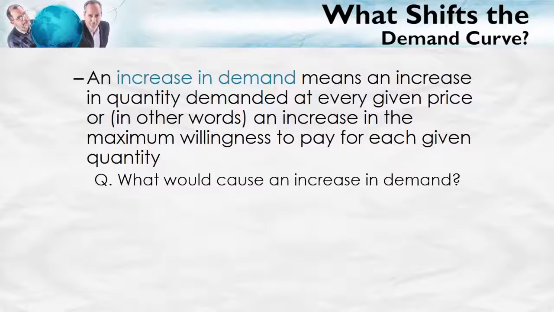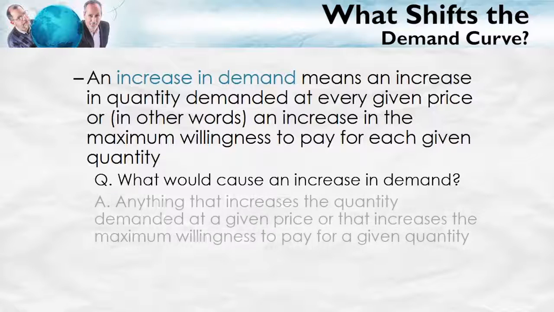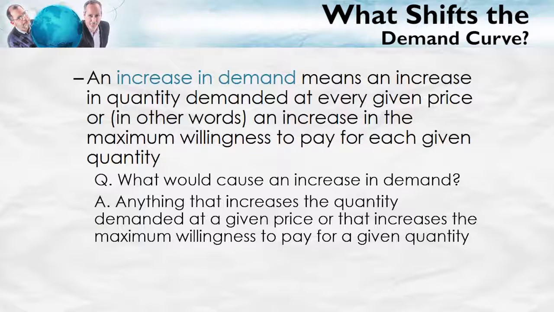What would cause an increase in demand? The answer is anything that increases the quantity demanded at a given price, or that increases the maximum willingness to pay for a given quantity. For instance, can you think of some factors which would make consumers willing to pay more for a good? Can you think of a factor which would make consumers want a greater quantity at a fixed price?